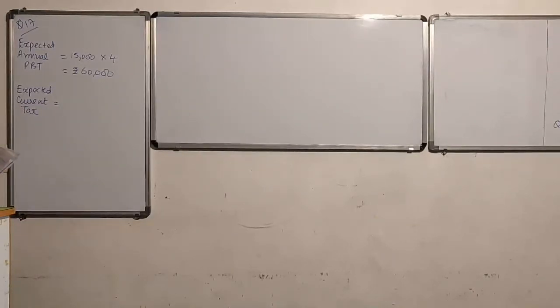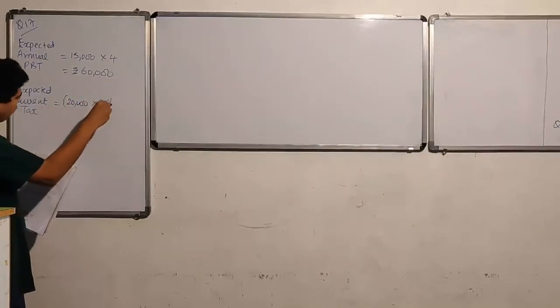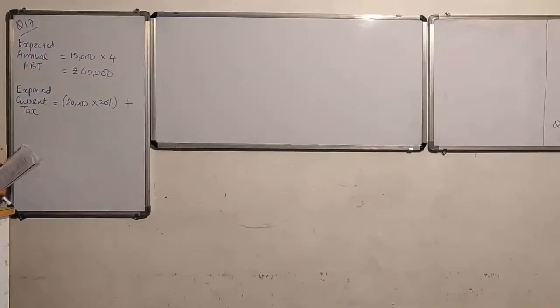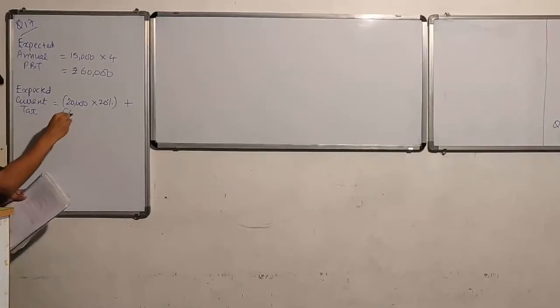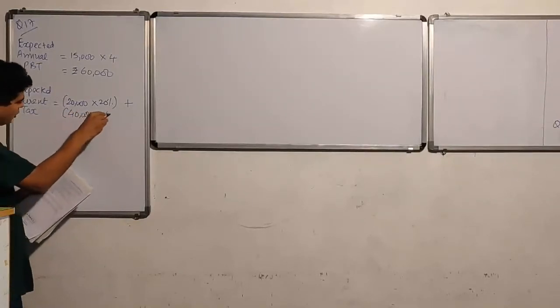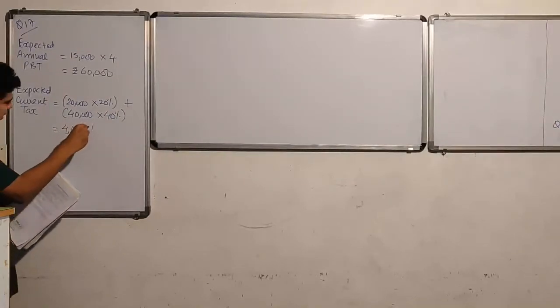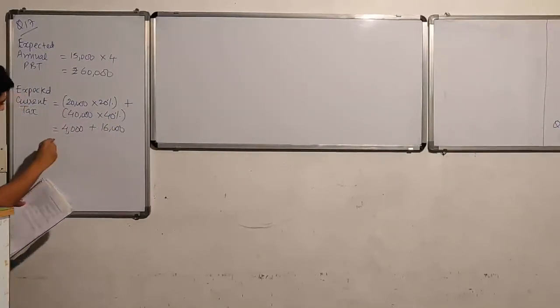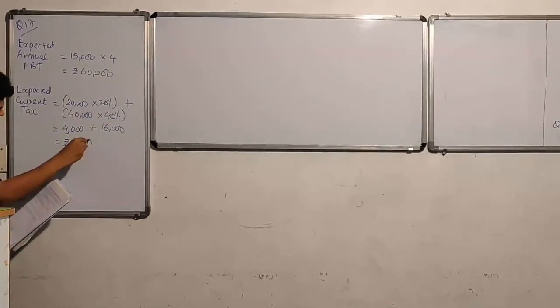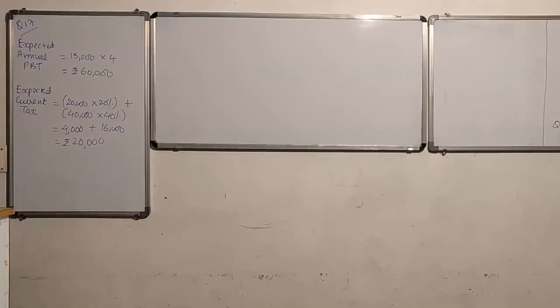There are two slabs which they have given. On the first 20,000, you have to pay 20%. And on the balance earnings, you are supposed to pay 40%. So that will be 4,000 and 16,000. It turns out to be rupees 20,000. So the current tax is expected to be 20,000.